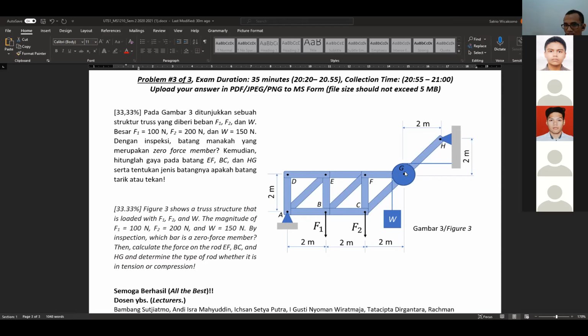So you can replace GH with an external force FGH at point G. So the unknowns will be FGH, Ax, Ay. 3 unknowns, 3 equations, and you can solve for GH, Ax, and Ay.